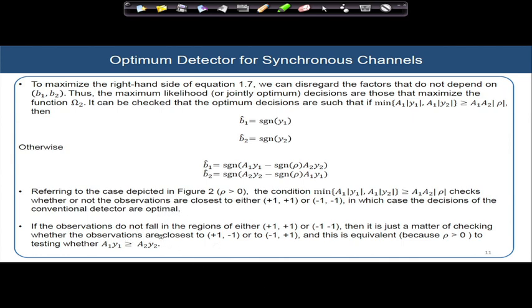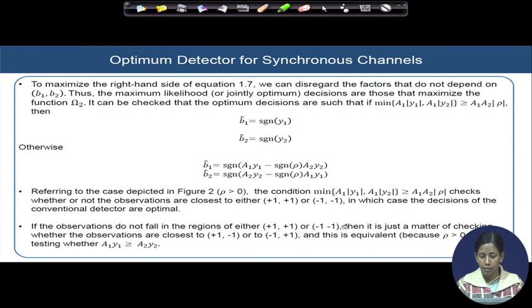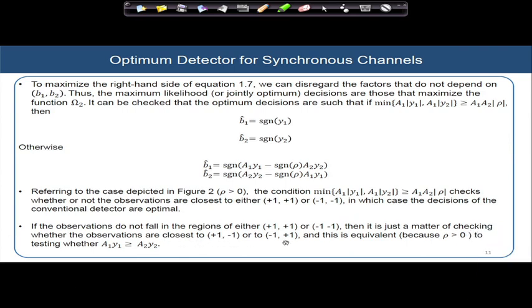If the observation does not fall in this region, then you are checking whether the observation is close to +1 -1 or -1 +1, and this is equivalent to testing whether A1 y1 is greater than or equal to A2 y2 or not, because rho is greater than 0. So, these are the two ways the detector works.